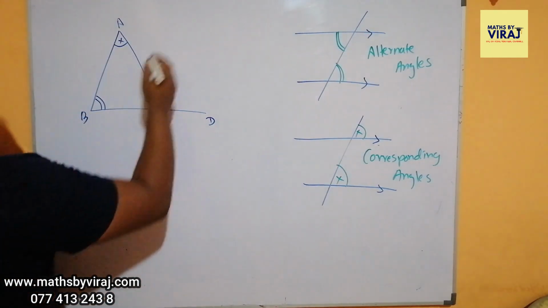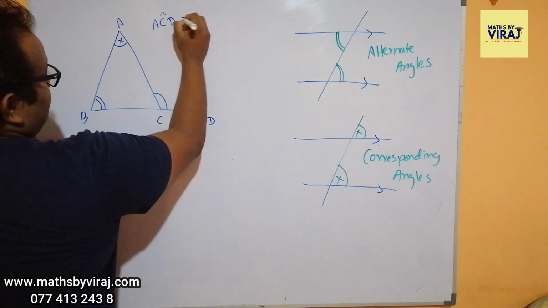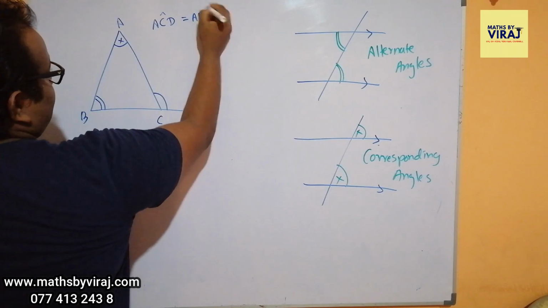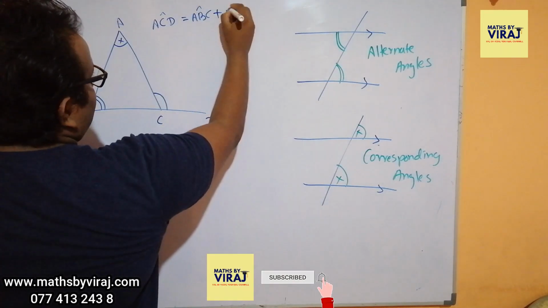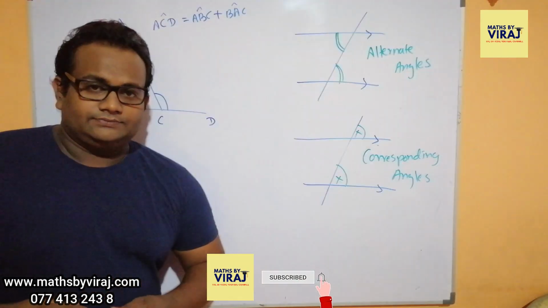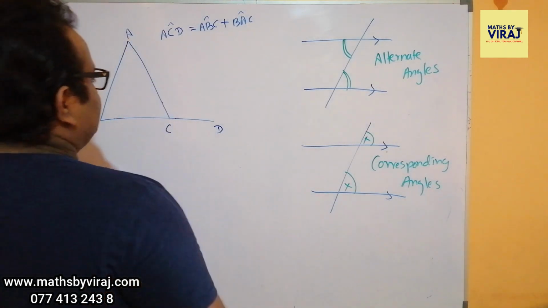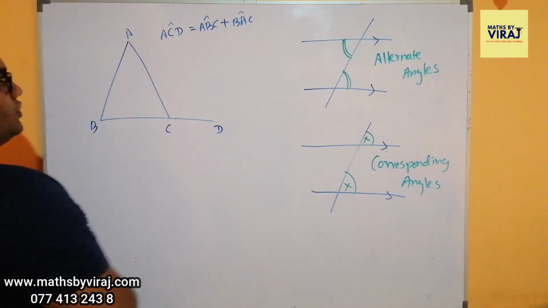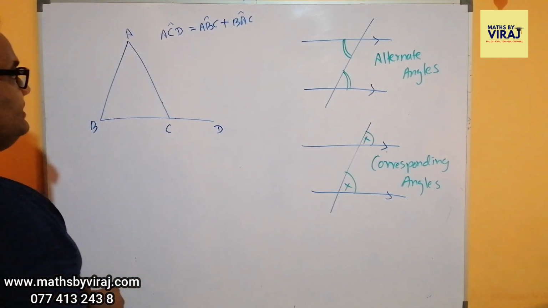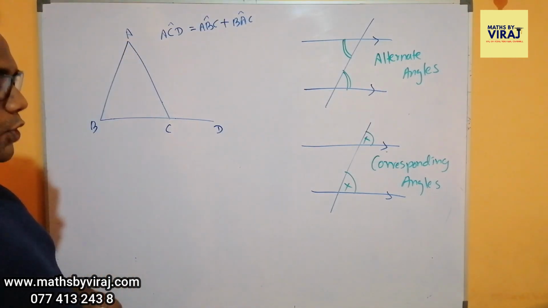On the other hand, I can write that angle ACD is equal to angle ABC plus angle BAC. So this is what we have to prove. Right, children? In order for me to prove that angle ACD, the exterior angle, is equal to the addition of the angle ABC and BAC, that is the interior opposite angles, I am going to prove it.